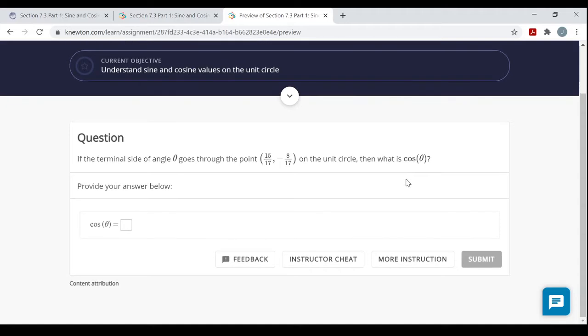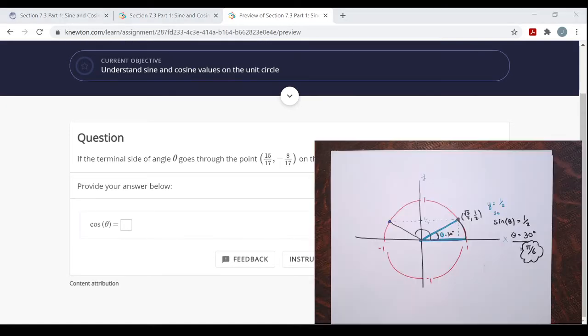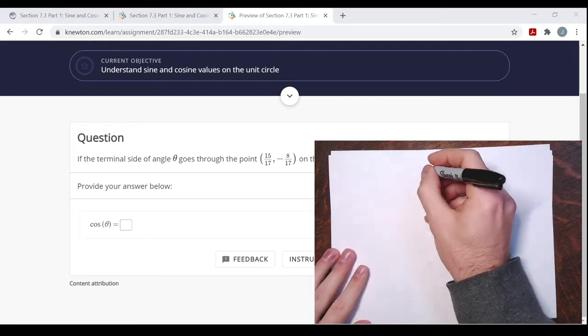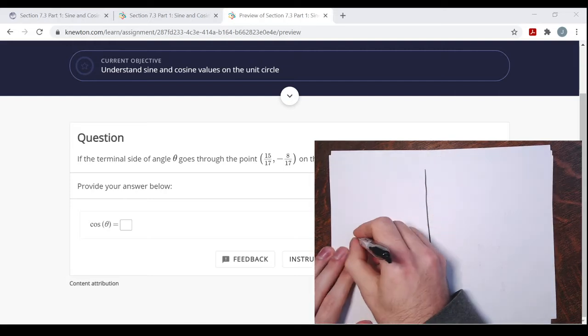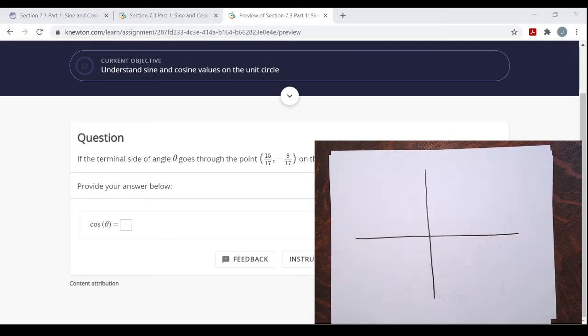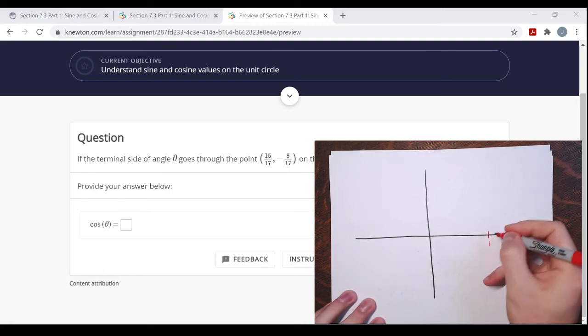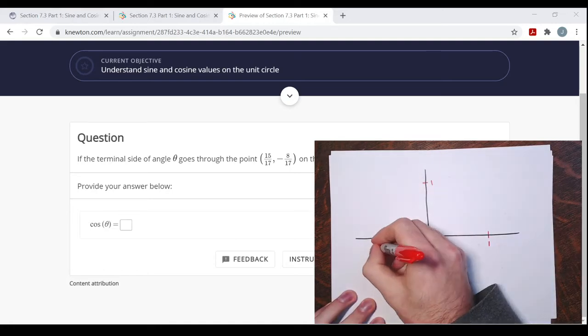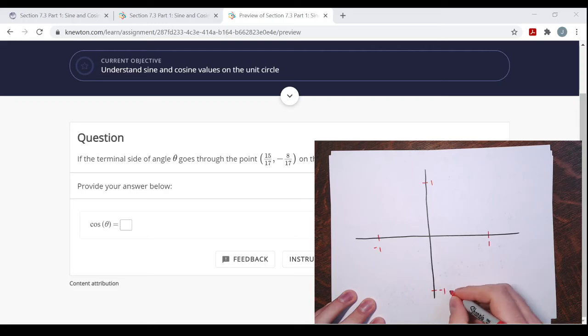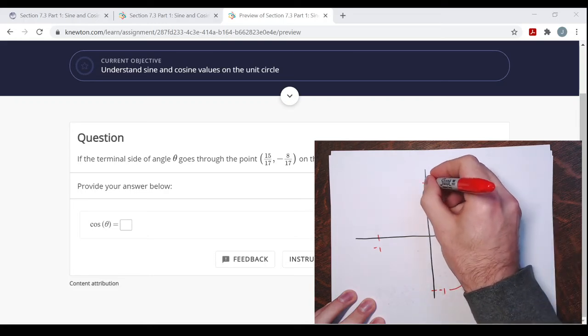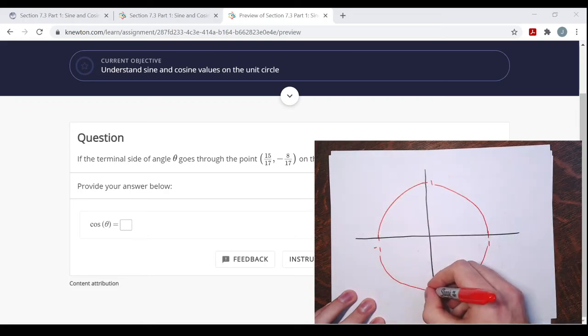Now I'll do a drawing. All right, so they mentioned to us here, again, here's another unit circle. So again, one unit from the center, 1 unit, 1 unit, and a rough circle. So there's the unit circle.